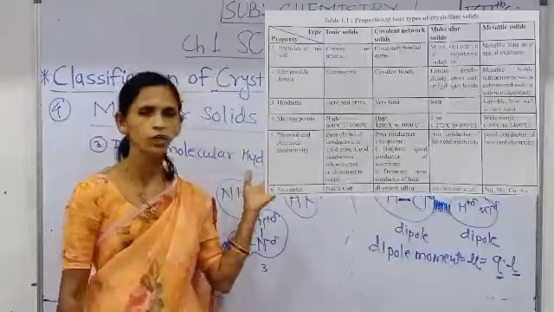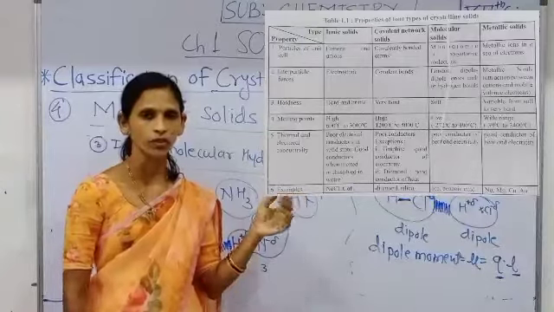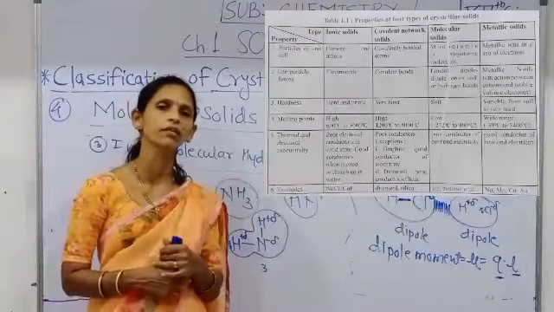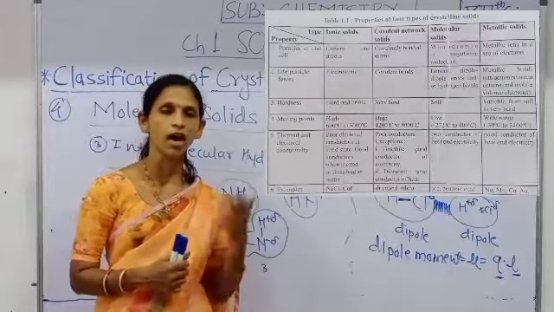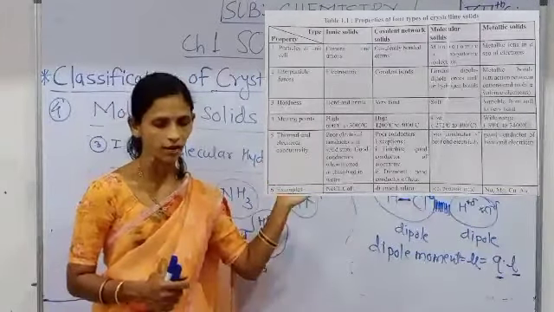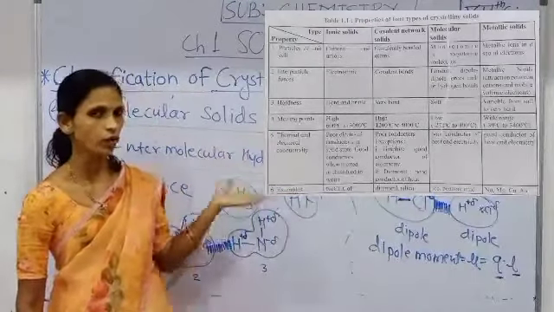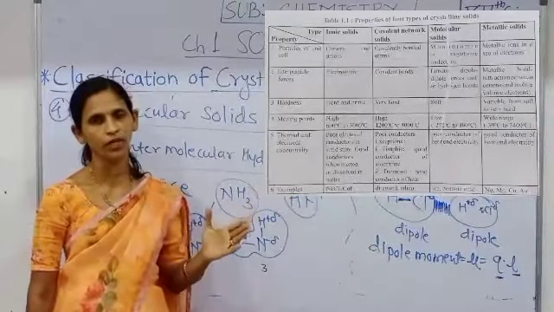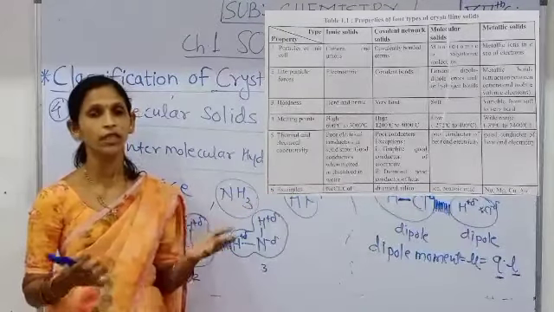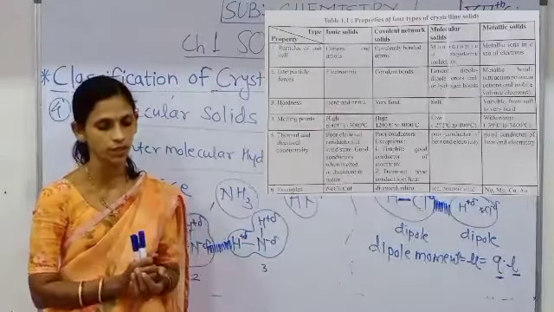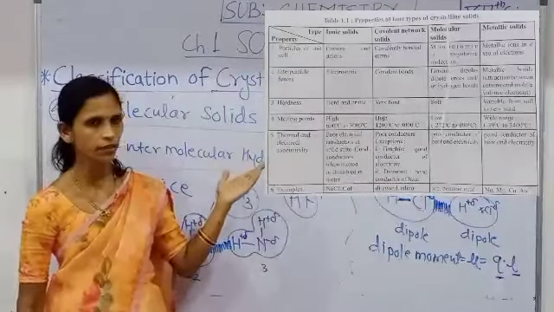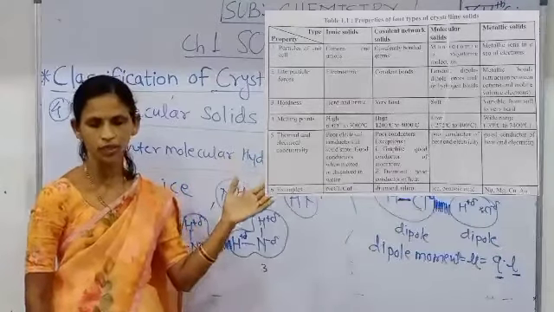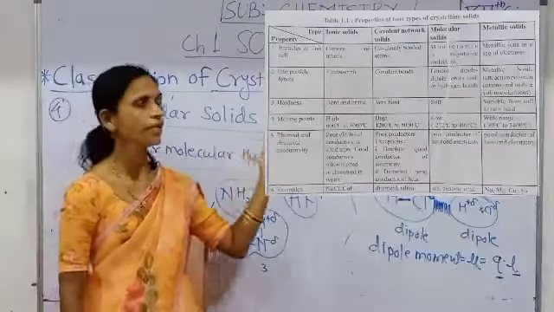See here in your textbook, the chart of the different properties of 4 types of crystalline solids is given. According to those properties, we can distinguish between the different types of crystalline substances: ionic solids, molecular solids, covalent or network solids, as well as metallic solids.